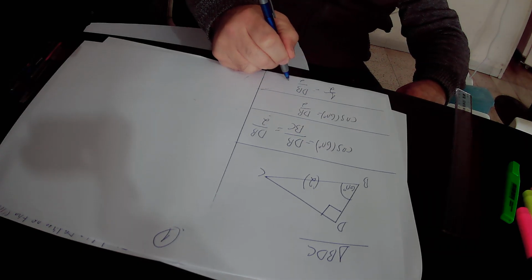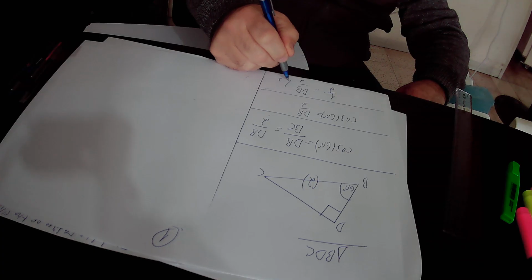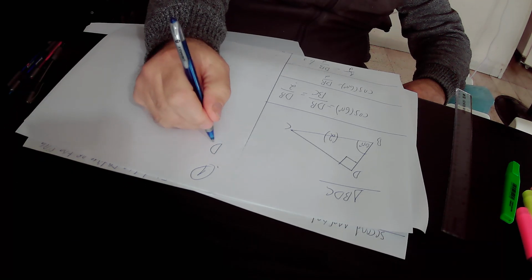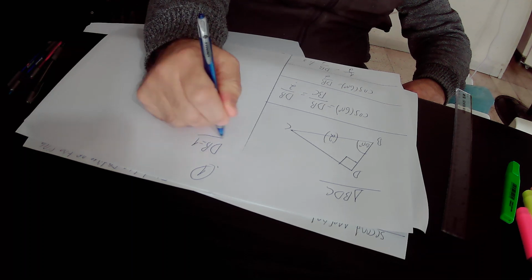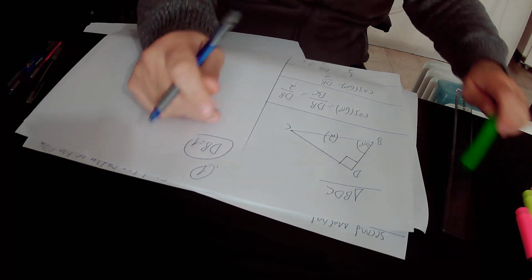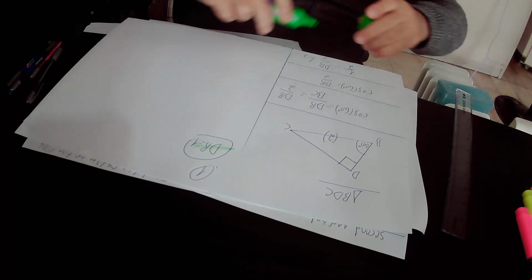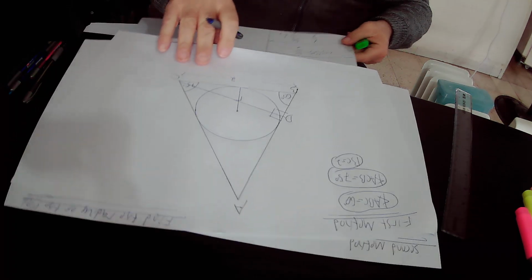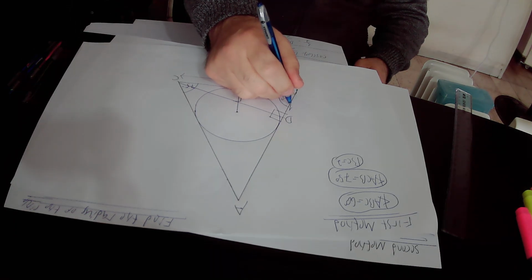Here we multiply this equation by 2, and finally we get that DB equals 1 unit in its length. Here, this line segment DB equals 1 unit in its length.